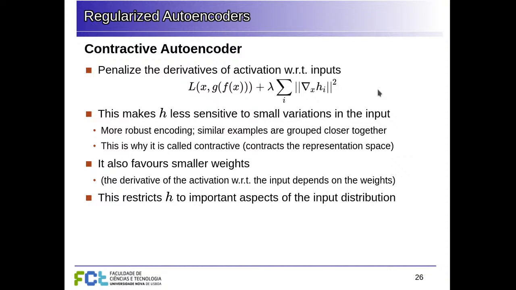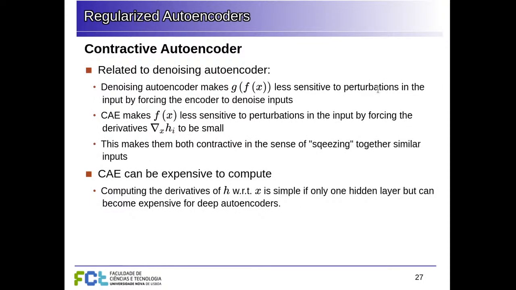So we get, in that sense, a better representation of the distribution of the data if we are not interested in many small variations due to fluctuations in the values, but just to have a better representation of the overall shape of the data. So this is related to the denoising autoencoder. They tend to learn approximately the same kind of things.